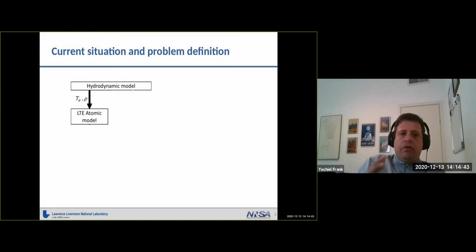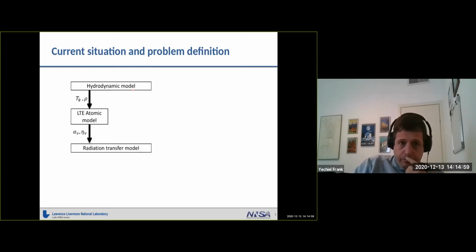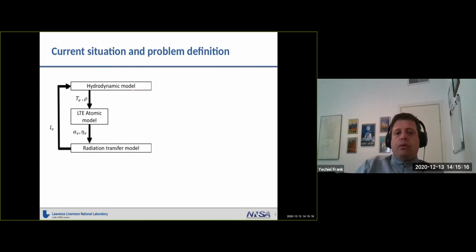And this, in an LTE case, the LTE atomic model calculates the atomic levels and the opacity and emissivity. What it gives you basically is the opacity, emissivity, and of course the equation of state for this material at these conditions. Then it goes back into a radiation transfer model, which in its turn gives you the radiation energy flux that goes from one place to another, and that goes back to the hydrodynamic model and basically transfers energy from one place to the other.